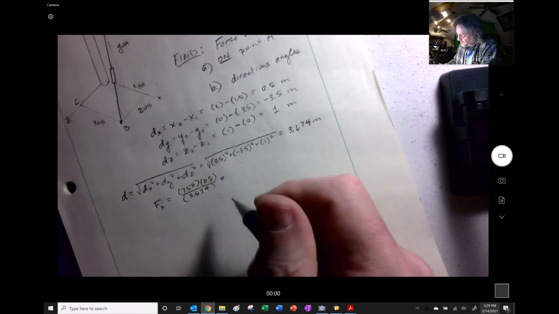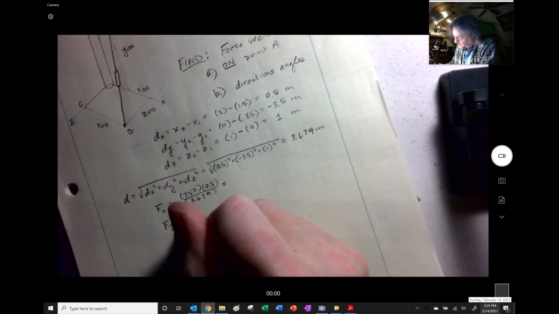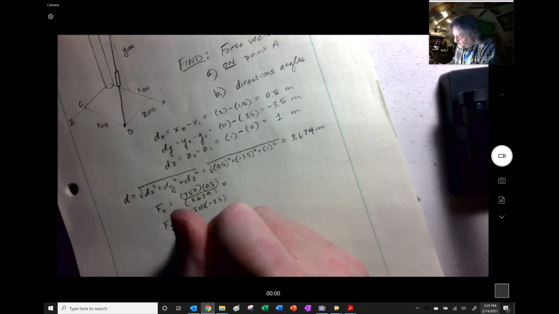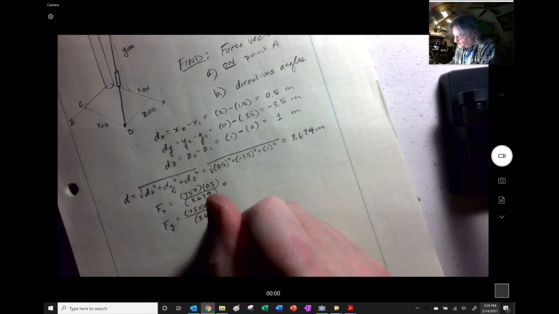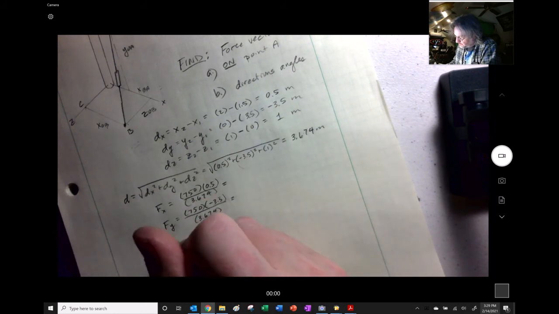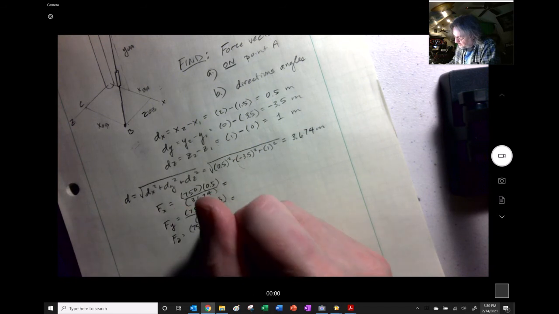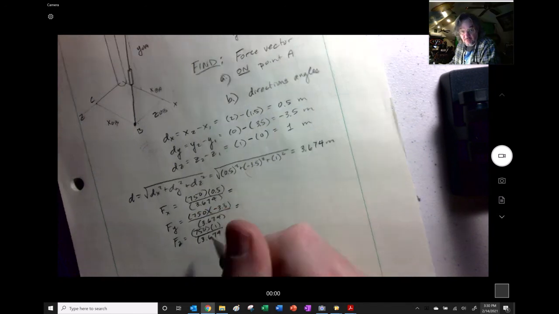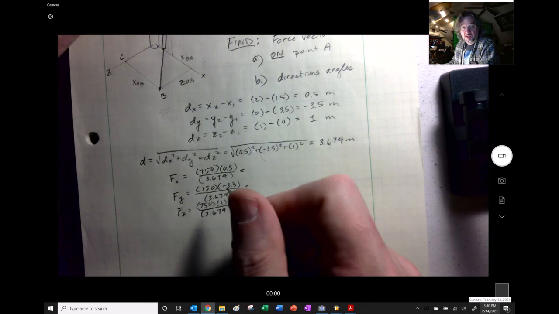Let me write all these out here. Fy is going to be my 750 times my negative 3.5 divided by my 3.674, and then Fz is 750 times 1 divided by 3.674.